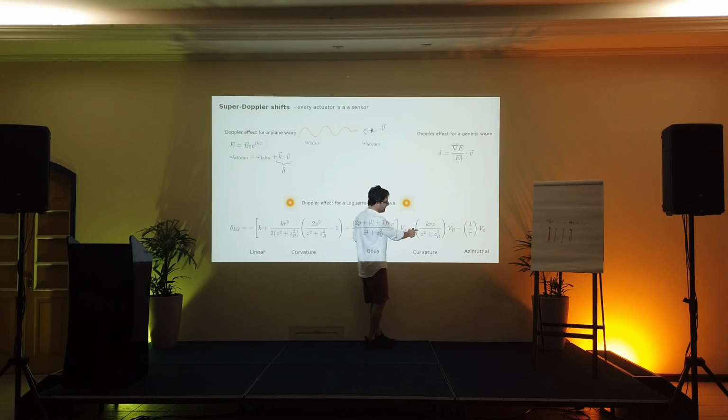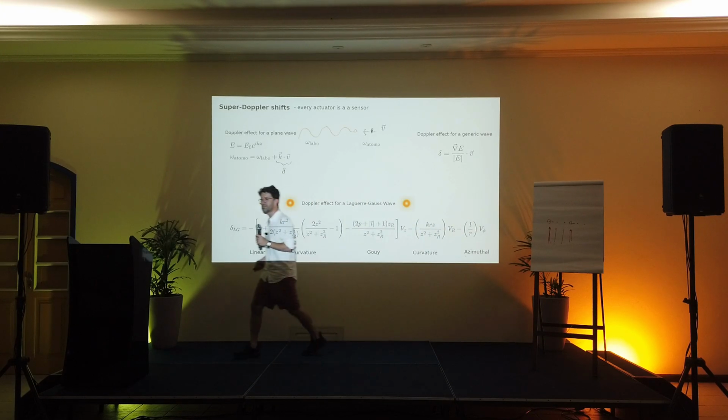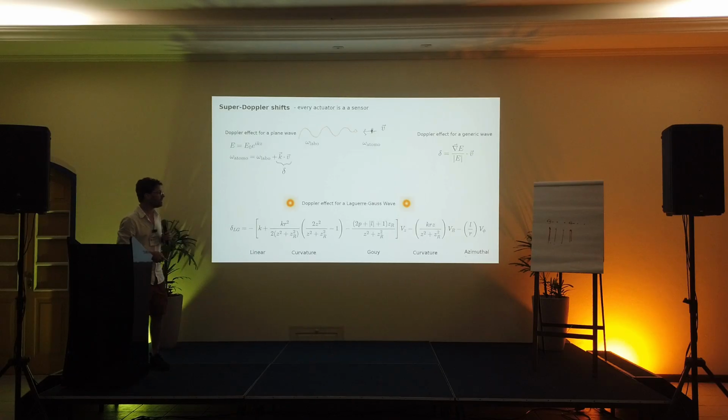And then there are 2 other things that appear here. There's another Doppler shift that's in the radial direction. And then there's this very funny part here, which is proportional to L, and that's the one I want to concentrate on now, because it's an azimuthal Doppler shift. You actually sense the velocity of something moving transverse, but azimuthally, with respect to the beam.